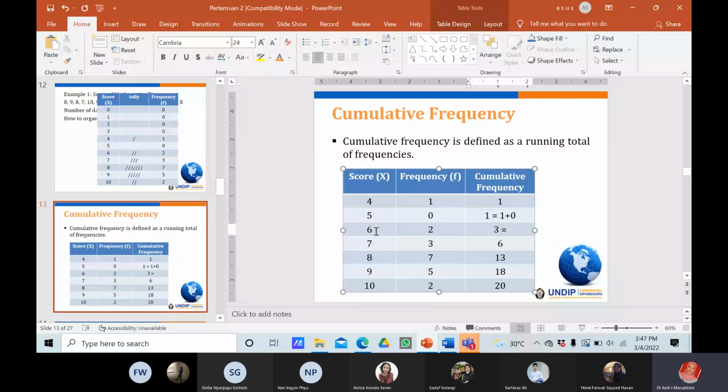At score 6, the 3 comes from 1 plus 2, the frequency of 6. Or we can say that 3 students got less than or equal to 6.